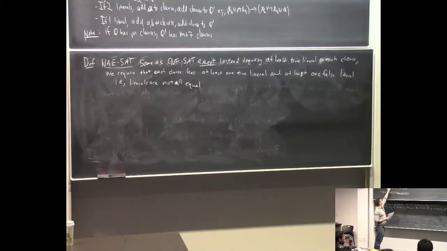And so we're going to do this reduction not really paying attention to the E3 part, but then we're going to look back and say, hey, if we had started from E3-SAT, this would now be NAE E3-SAT with exactly 3 variables per clause. So we're going to then reduce from NAE 3-SAT to get hardness for 3-coloring. Yes? Doesn't our construction of the E3-SAT reduction rely on the fact that you can have all 3 of them being false?